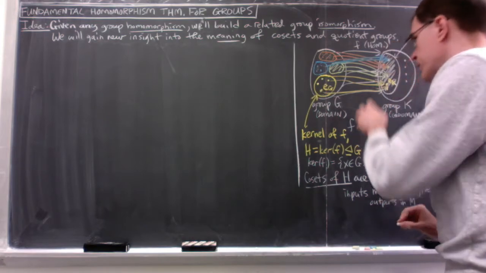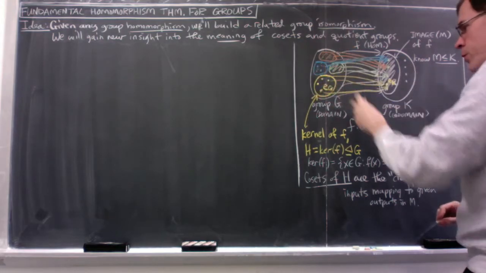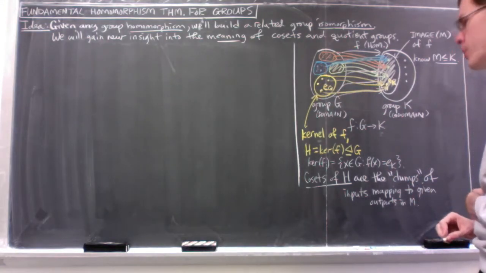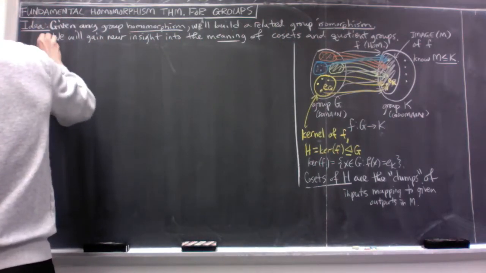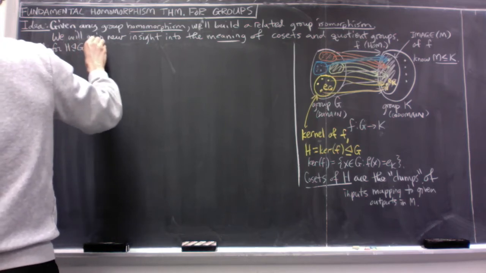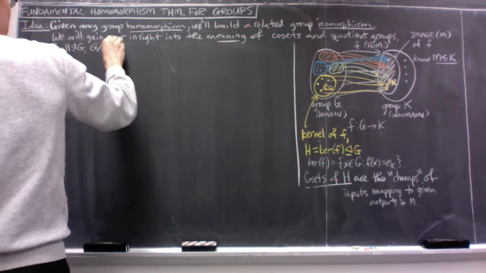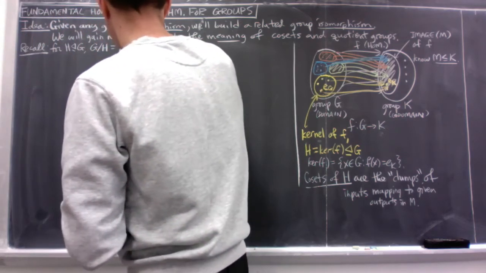And in some sense, this picture leads you naturally to consider the set of all cosets, the set of all clumps, which we call G over H. Recall that as well. That general definition, for any normal subgroup of G, G slash H, was the set of all of these right cosets, or equivalently left cosets.